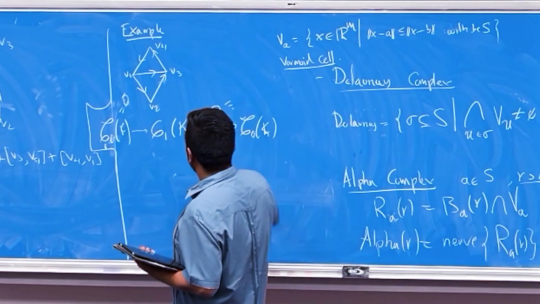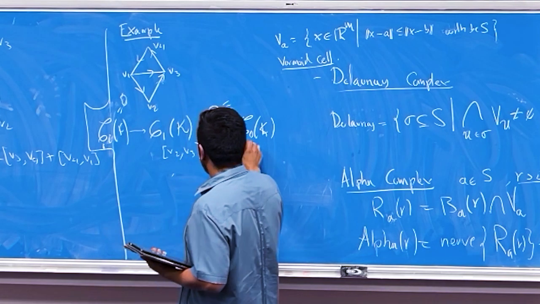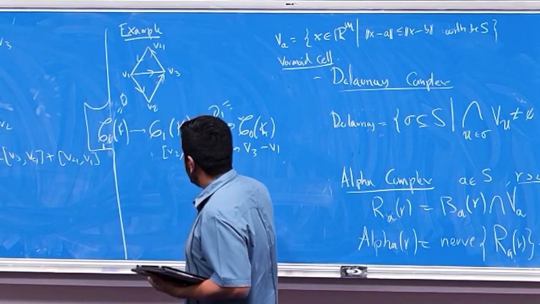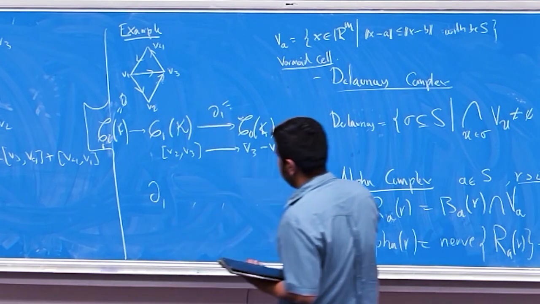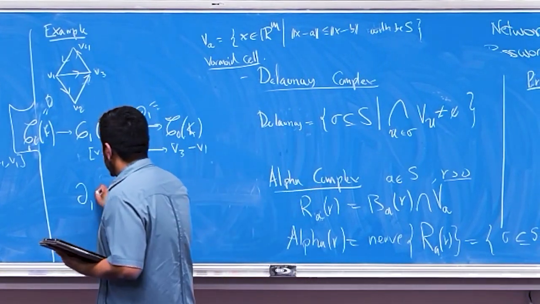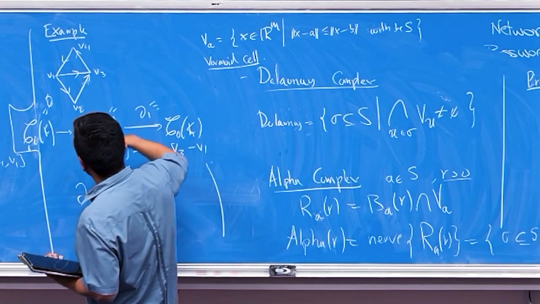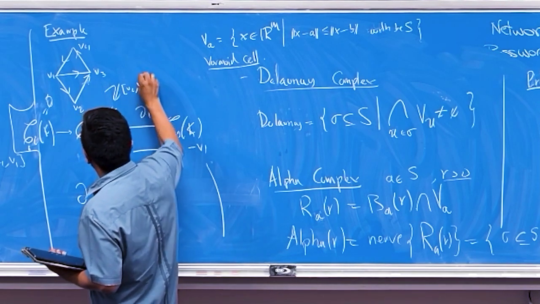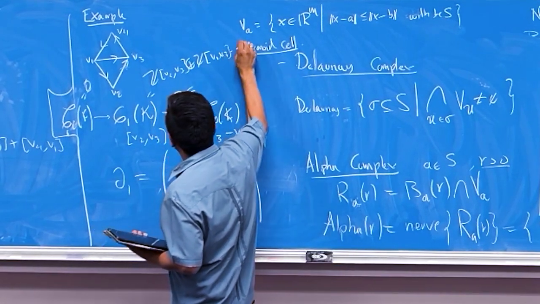So the boundary one maps v2v3 to v3 minus v2. You can try to understand this map, but one of the easiest ways is thinking of it like a matrix. It is generated by the edges, right? So you have c v2v3 plus c v1v3 and so on.